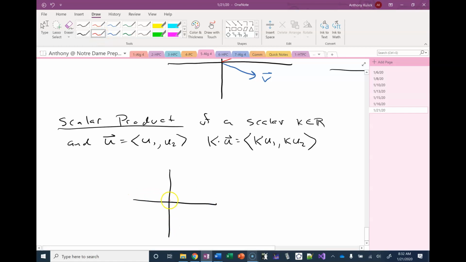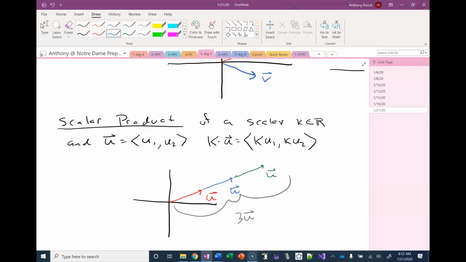So again, from a geometric standpoint, if this is my vector u, this would be like what we mean by 3u. So all we are doing is just like stacking u on top of itself 3 times, right?